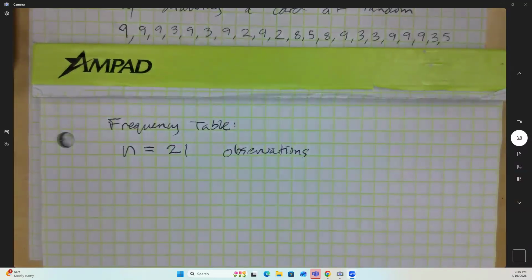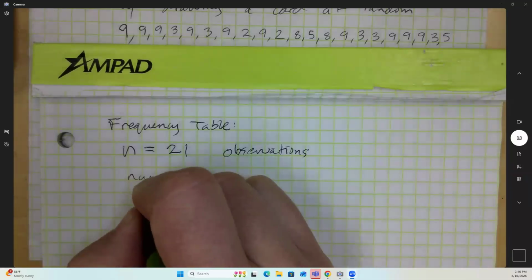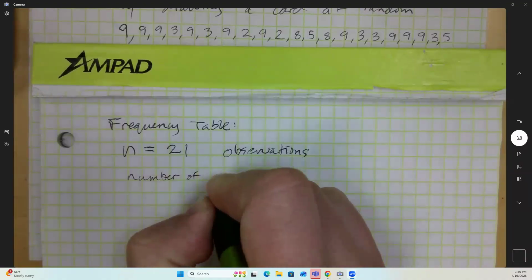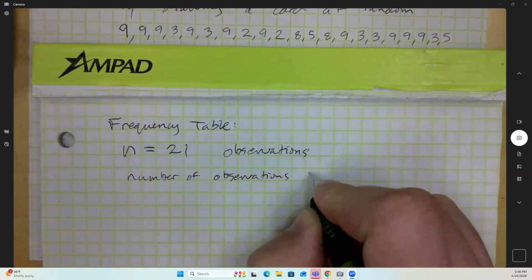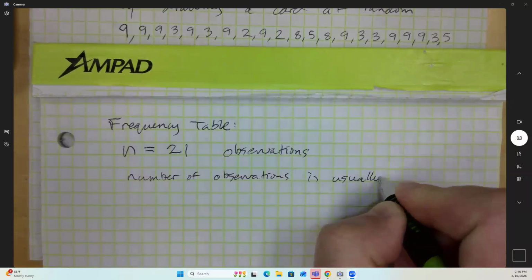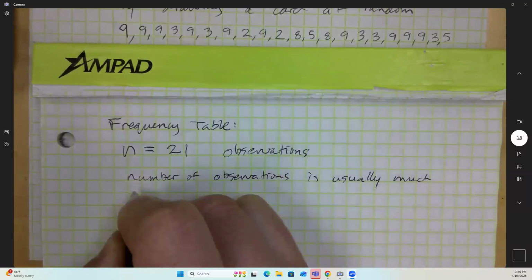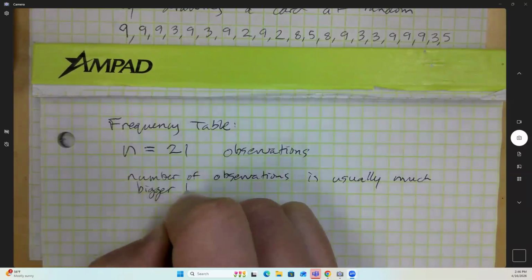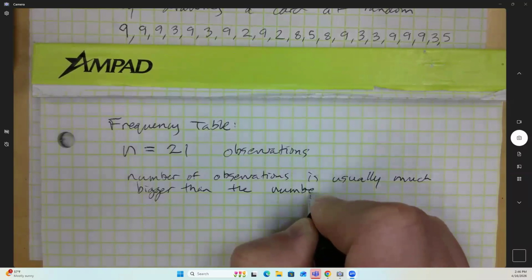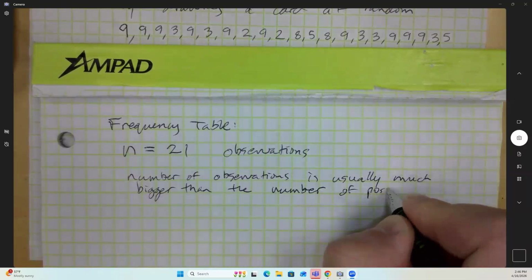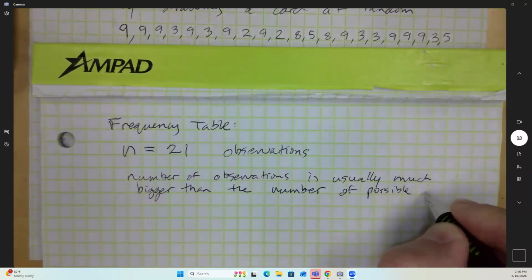Sorry, with replacement. The number of observations is not necessarily the same as the number of outcomes. In fact, it's usually much bigger than the number of possible outcomes for discrete data.